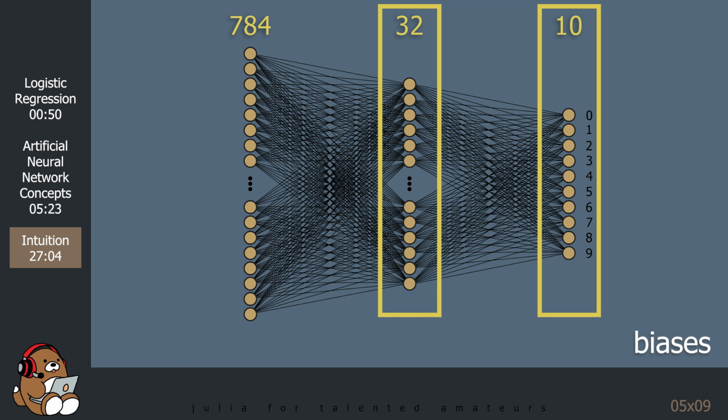Also, as noted earlier, the nodes in the second column and in the third column contain a parameter called a bias. You can think of the bias as a dial that fine-tunes the outputs, just like the y-intercept does for a straight line. The y-intercept doesn't have any impact on the shape of the line, but it determines where to place that line in space.